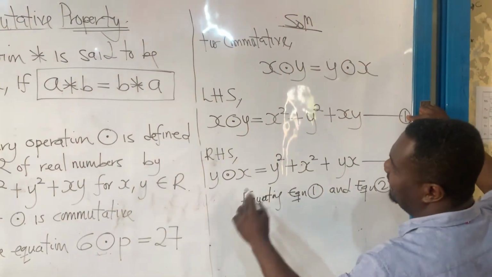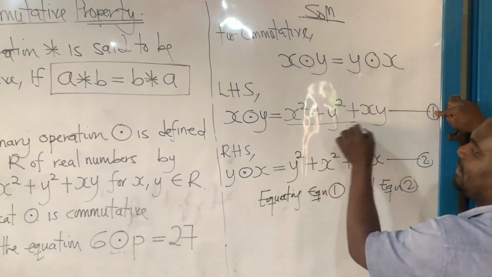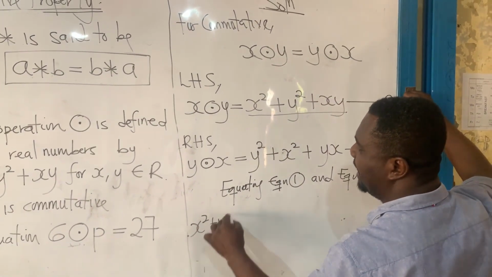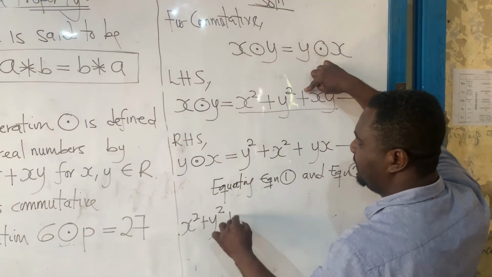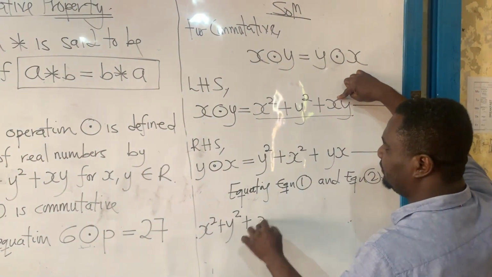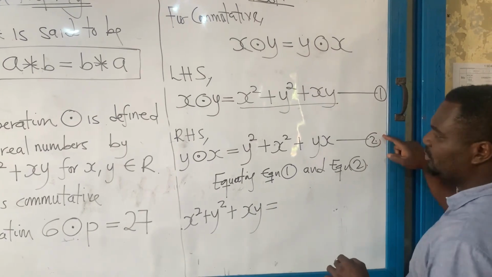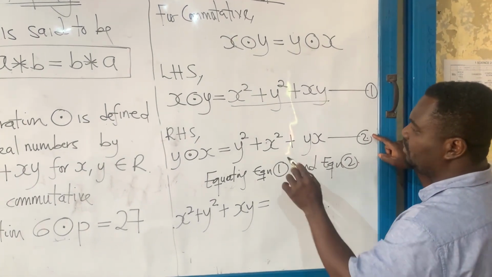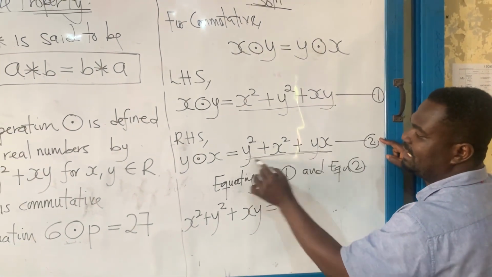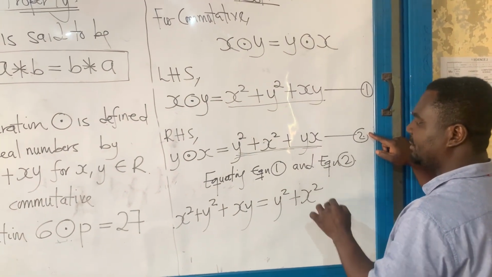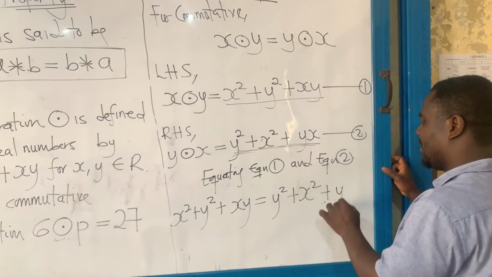Equation 1 was x squared plus y squared plus xy, and equation 2 was y squared plus x squared plus yx.